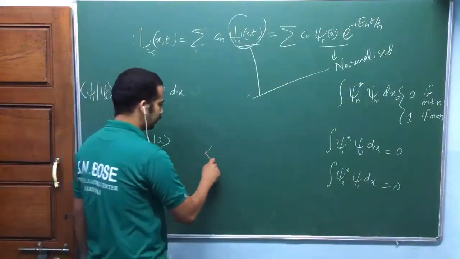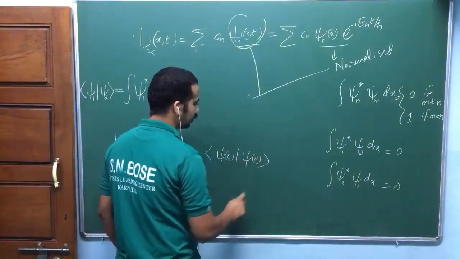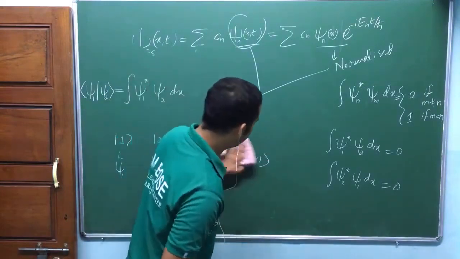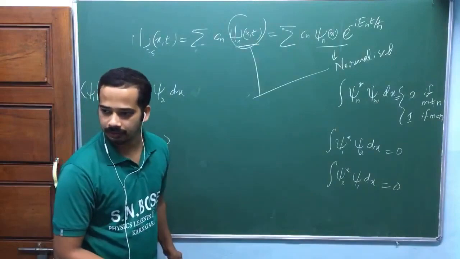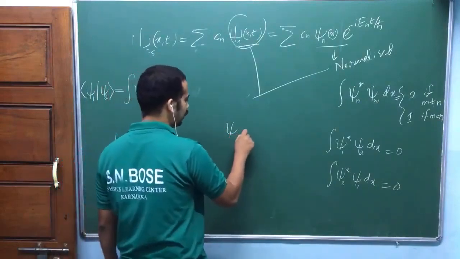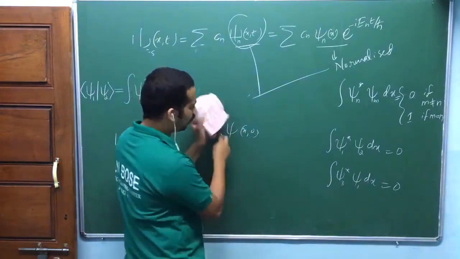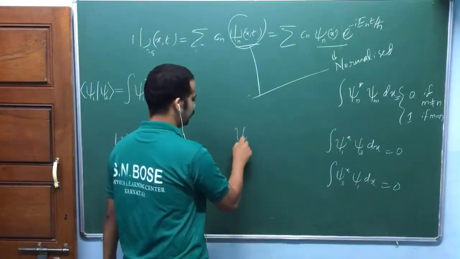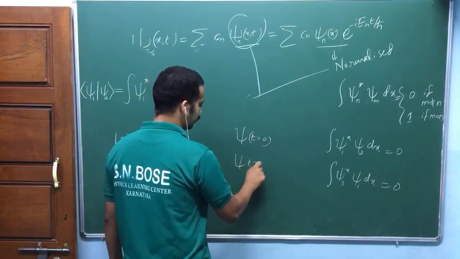There is one thing: psi at t and psi at 0, they are orthogonal. Am I right? The question says find the time at which the wave function is orthogonal to the initial state. The initial state is psi at x comma 0, or simply psi at 0, psi at t equal to 0. So psi at t greater than 0.